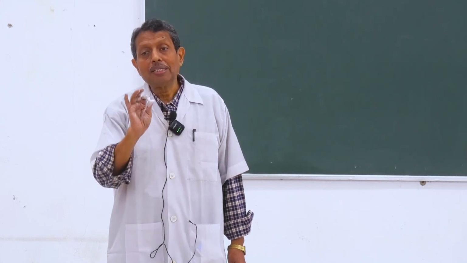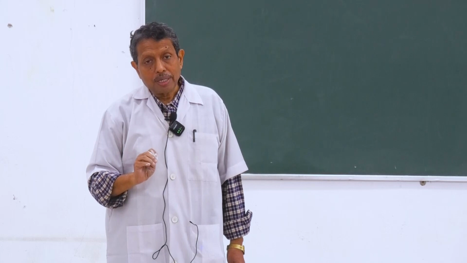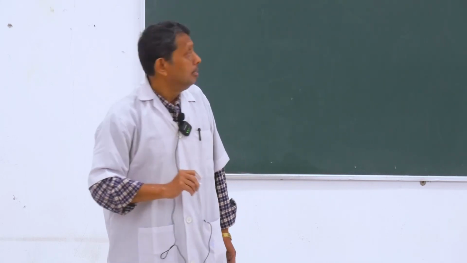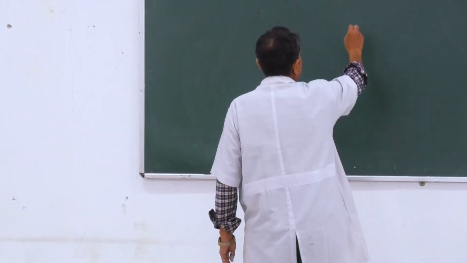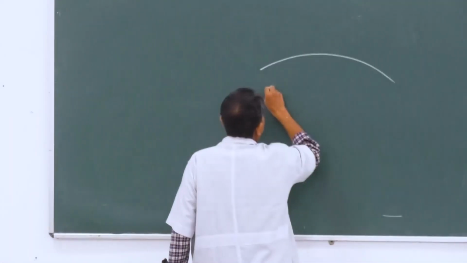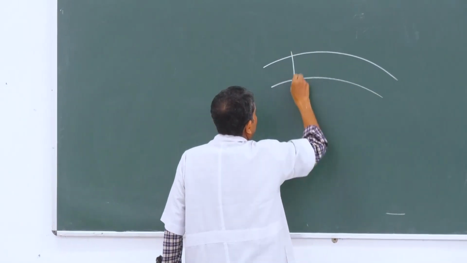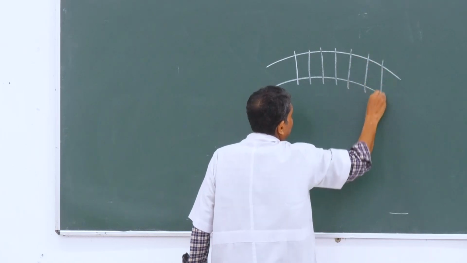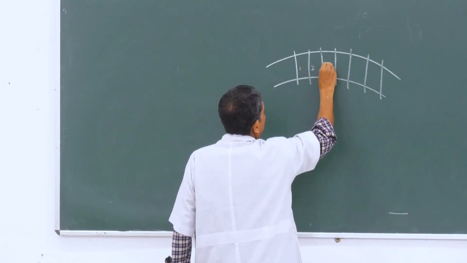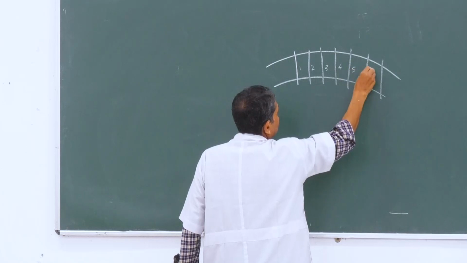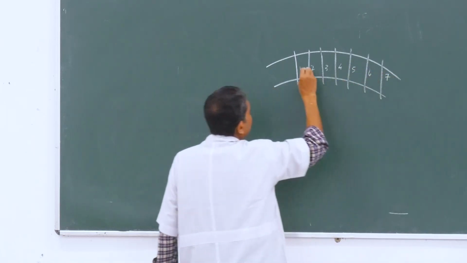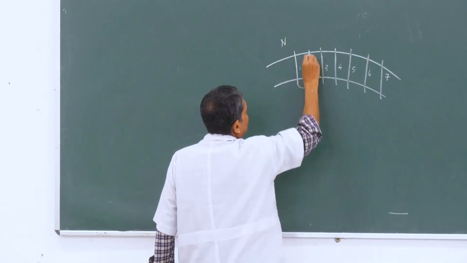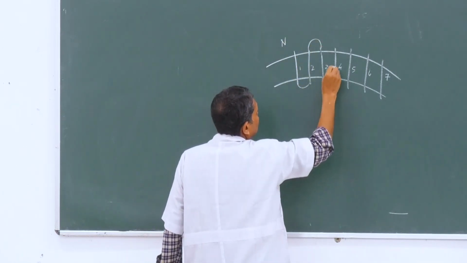When the appropriate ligand binds to this type of receptor, then there is activation of these G proteins. Suppose it is this: 3, 4, and in this way there are loops that are formed.